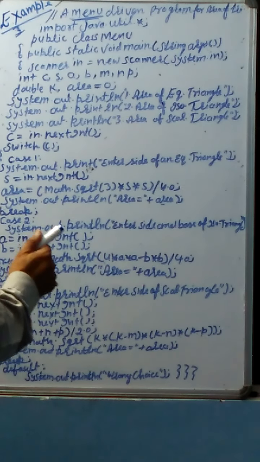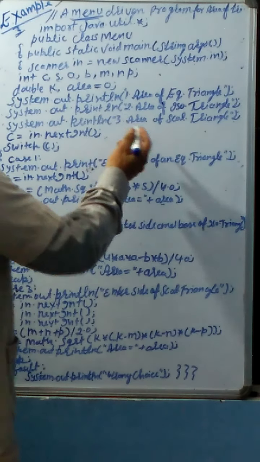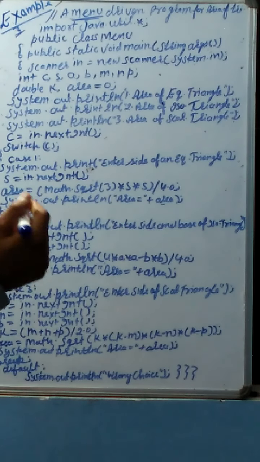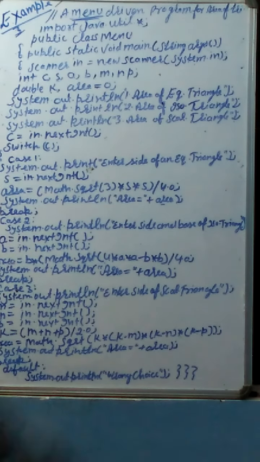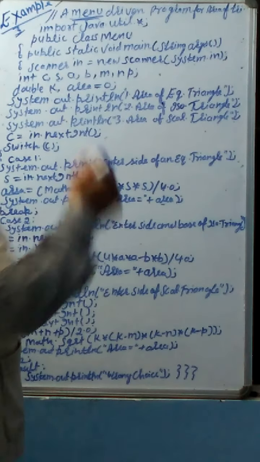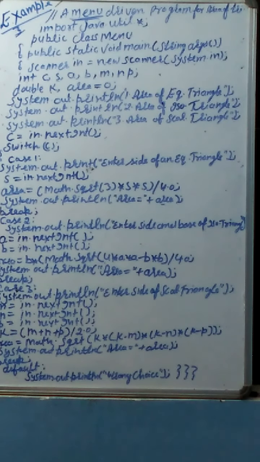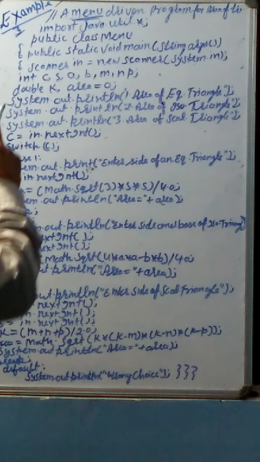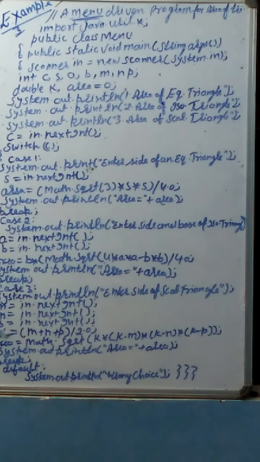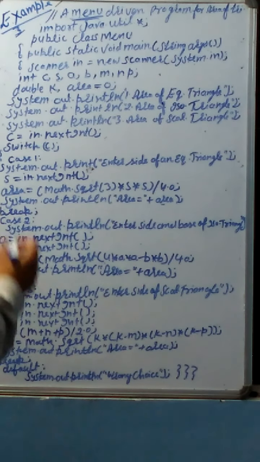Now in case 3, suppose you want to calculate the area of a scalene triangle, so you have to follow the rules for the area of a scalene triangle. You know what sides you have to enter. I told you before why we use k here.